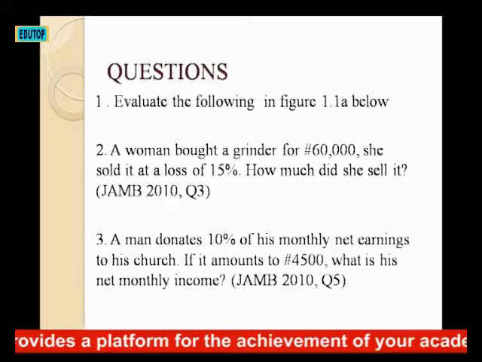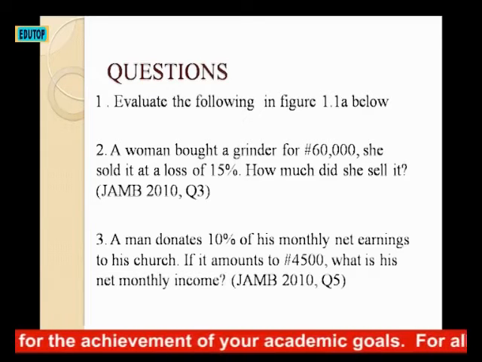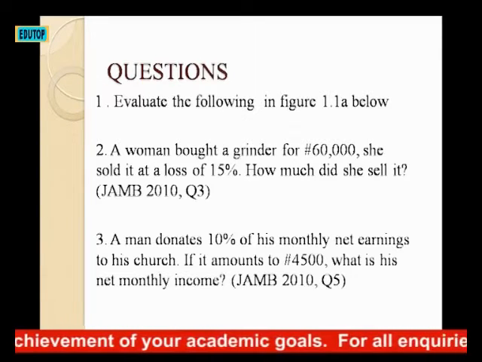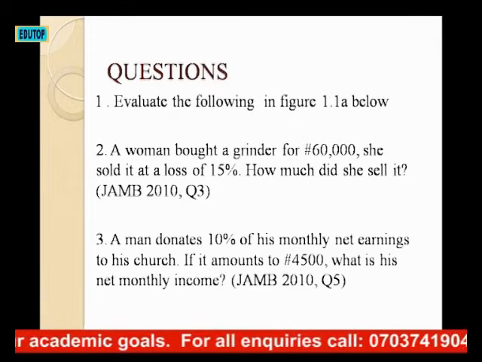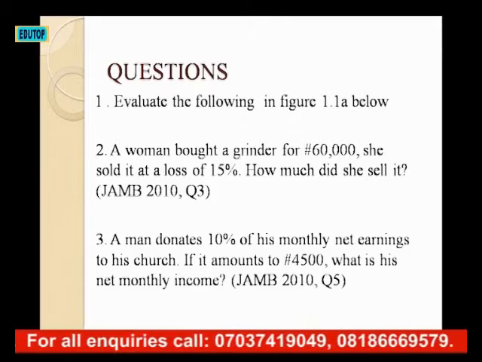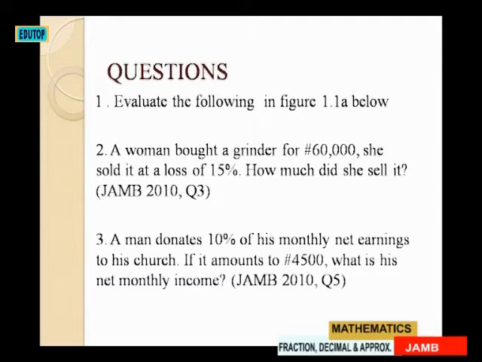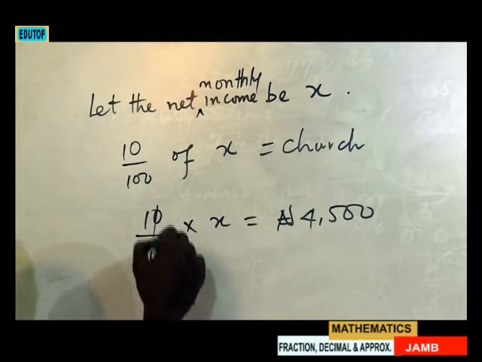Question number 3. A man donates 10% of his monthly net earnings to his church. If it amounts to 4,500 naira, and the question asks us to find the net monthly income, which is X. So I can say that this 0 can cancel this 0.